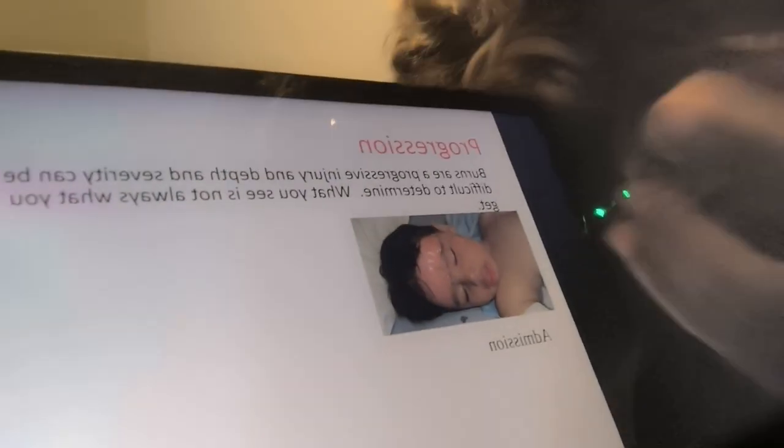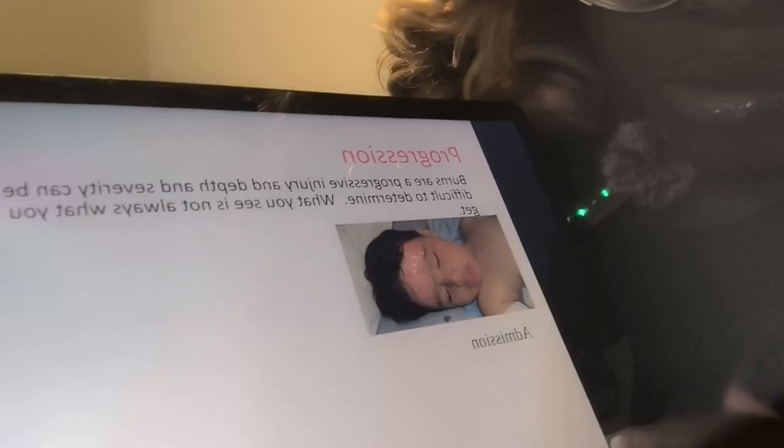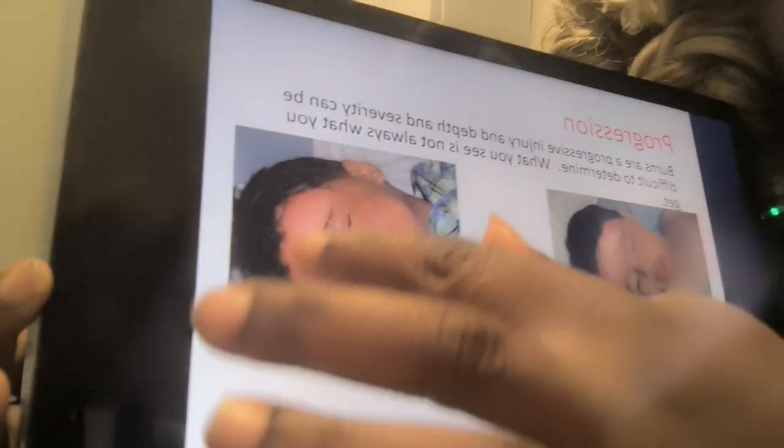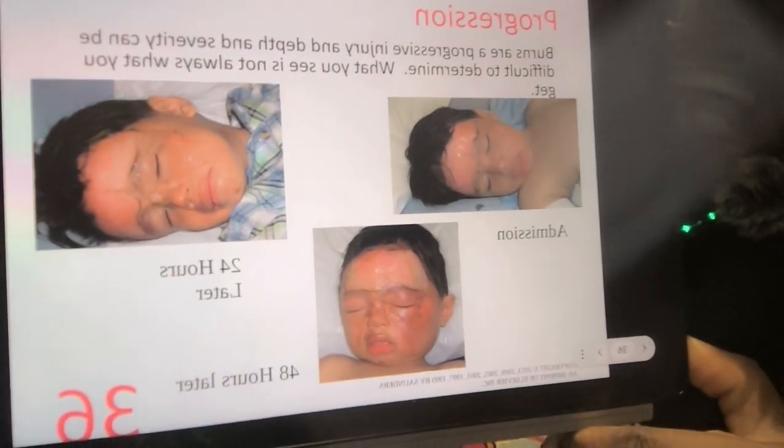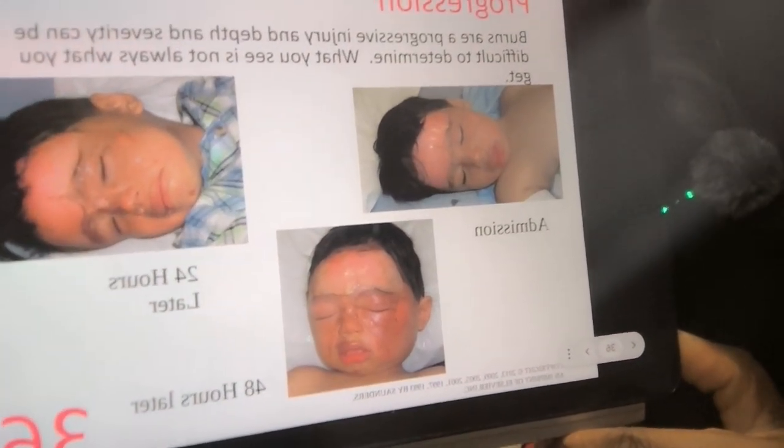There we go. You see, this is on admission. Yes, we can see that there's a burn happening, but it looks not bad. But then 24 hours later, this is how the patient is looking. It's swollen. It's beginning to show. And then this is 48 hours later. Do you see the difference from admission, 24 hours, and 48 hours later? See the progression?